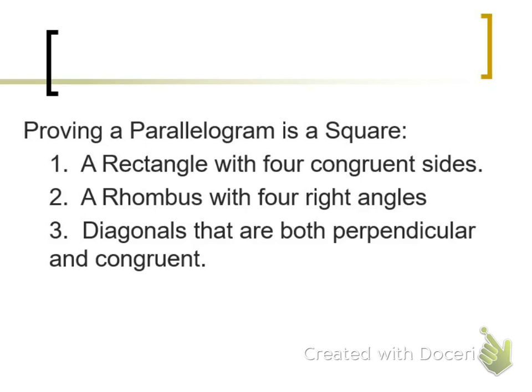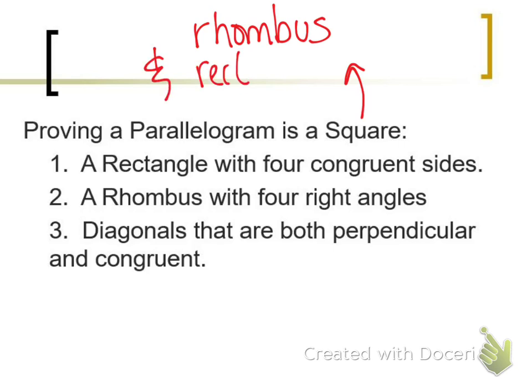The last way is if we know that the diagonals are both perpendicular and congruent. What this sums up to is that it has to be both a rhombus and a rectangle at the same time.